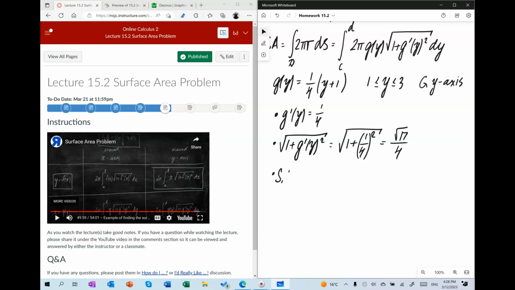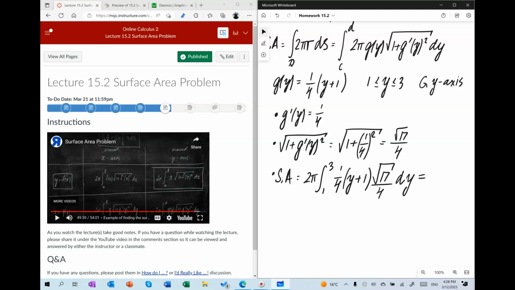And then the surface area would have been 2 pi integral from 1 to 3 of g of y, which is 1/4 y plus 1, times square root of 17 over 4 dy.